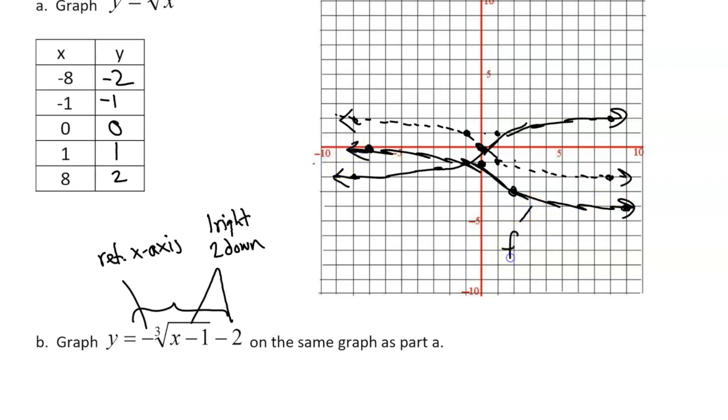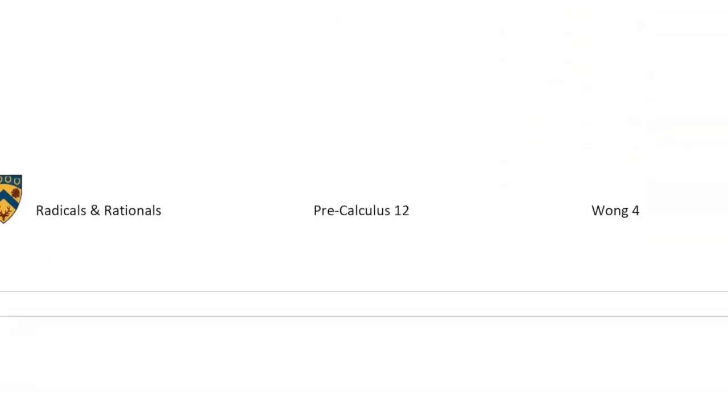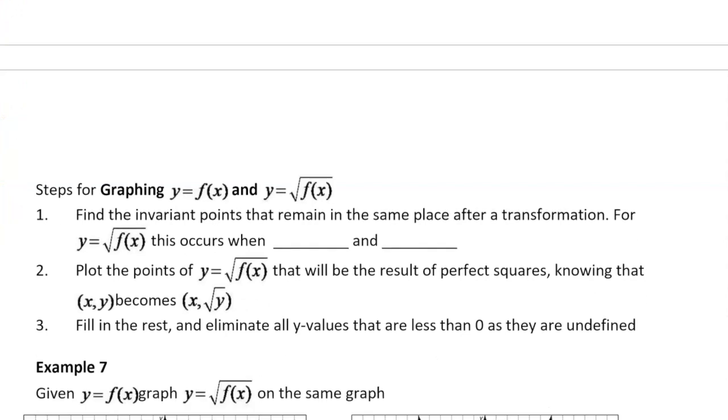And that would be our final solution. Okay, hopefully that part seems reasonable. Just adding to our different tools of different types of transformations that we can shift around. So that's moving around a cubic root function, I should say.